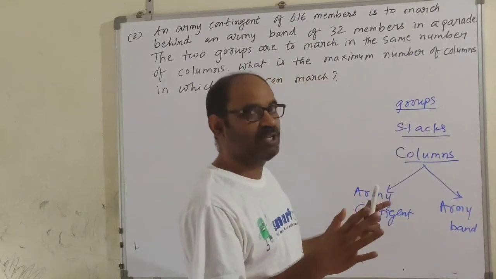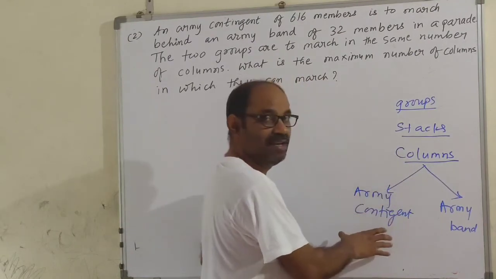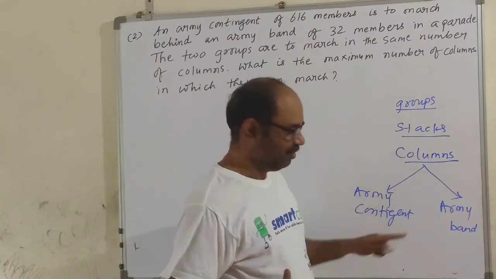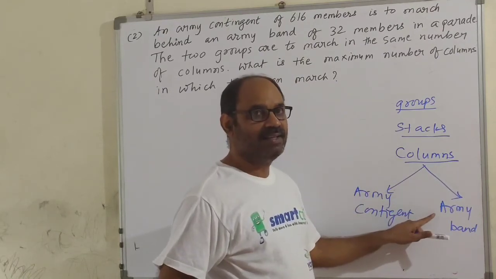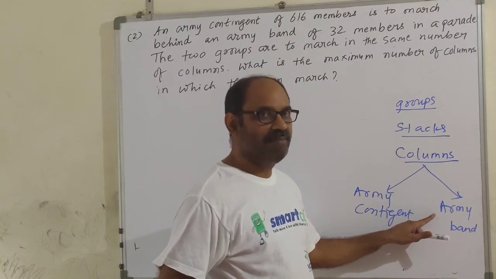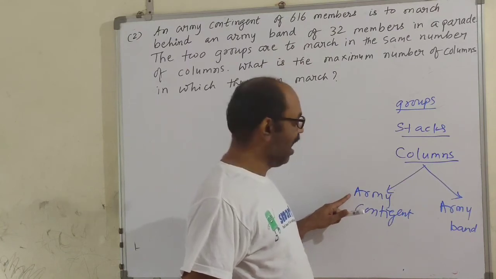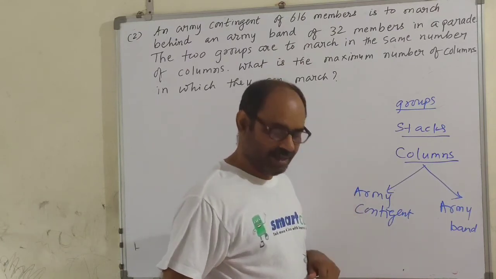So we have two types of army members. One with arms, the other with musical instruments. The ones with musical instruments are members of the army and are called army band, and those with weapons in hand are called army contingent.